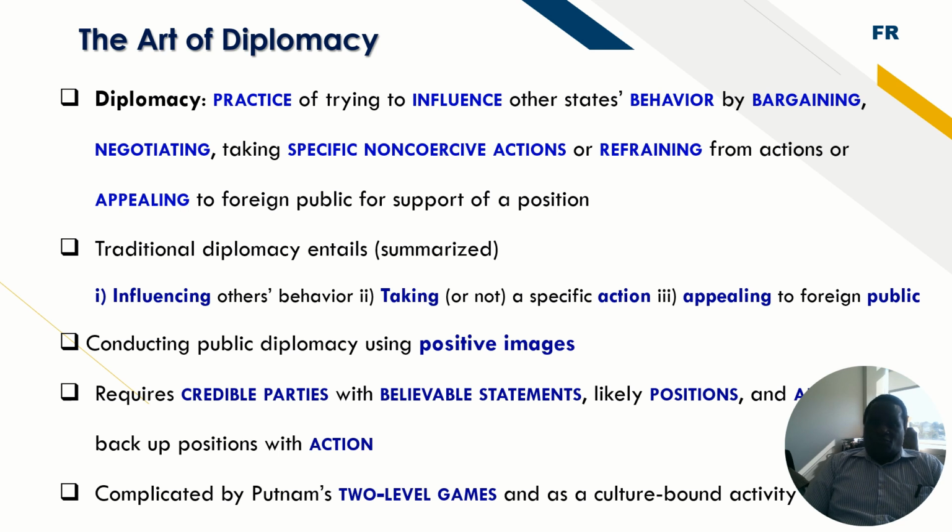You can use positive images, so attractiveness of your position to those people, but it also requires you to be credible with believable statements, likely, and ability to back up your positions with actions, whether you're threatening or coercing or inviting.